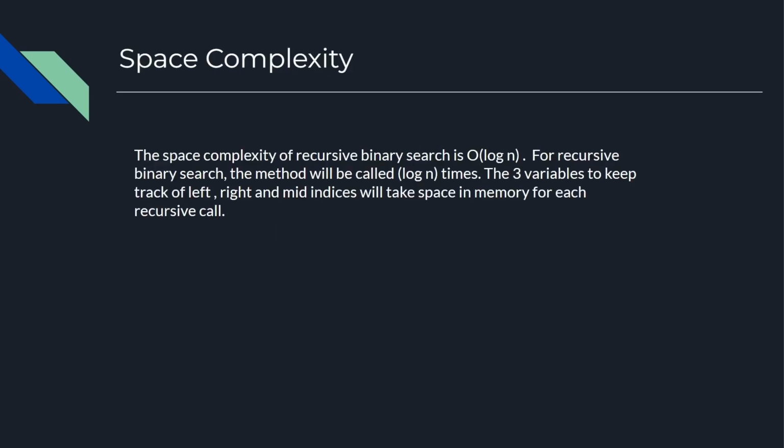Now let's talk about space complexity. The space complexity of recursive binary search is O of log n, due to the nature of recursion. Unlike the iterative version, which uses constant space, the recursive version of binary search creates a new stack frame for each recursive call. Each call keeps track of the left, right, and mid variables.